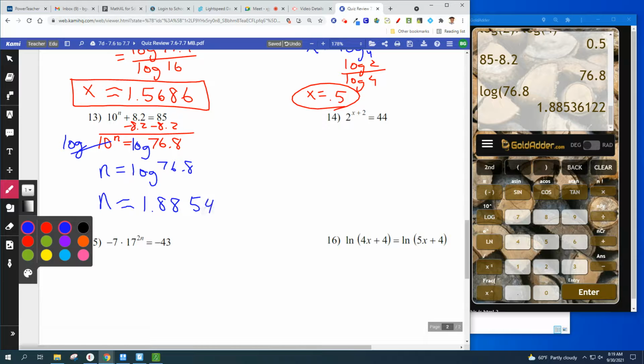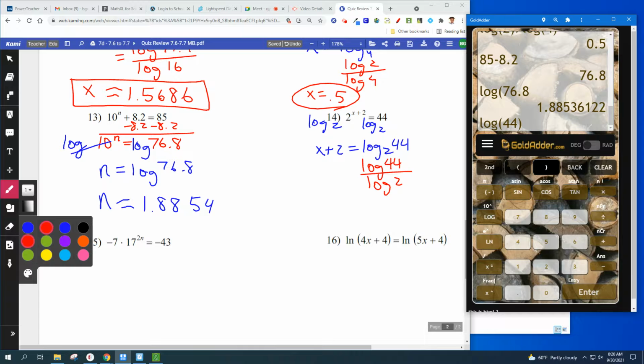Next one, need to do a log base 2 to cancel out the base 2. So x plus 2 equals log base 2 of 44. Change of base formula. That's a base 2. I need that log base 10. So log 44 over log 2 is that.